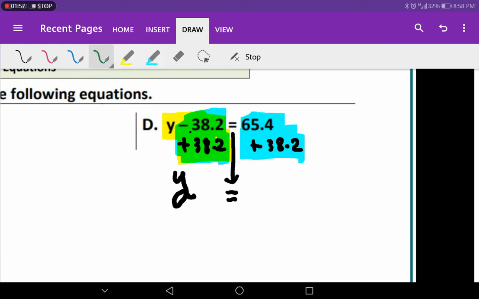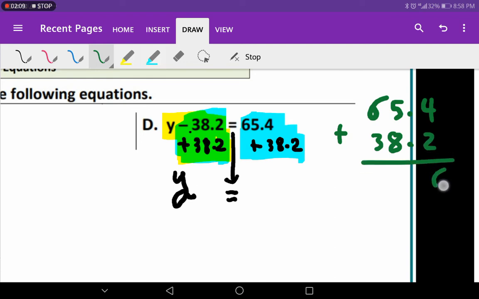Let us add it. 65.4, yes, plus 38.2, 6, the decimal point coming down, 5 plus 8 equal 13, and here we have 10.